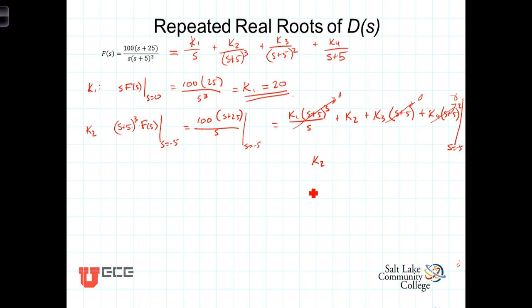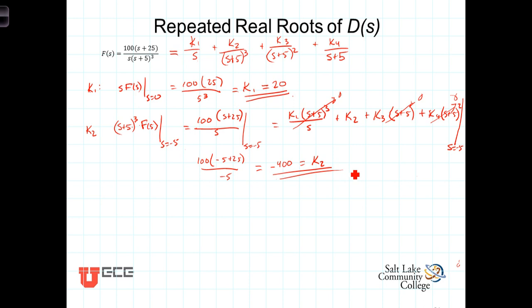And over here, you evaluate this at minus 5, and we have 100 times (minus 5 plus 25) divided by minus 5, and that equals minus 400. And we have k2, pretty straightforward. Now, getting k3 and k4 is a little more tricky.